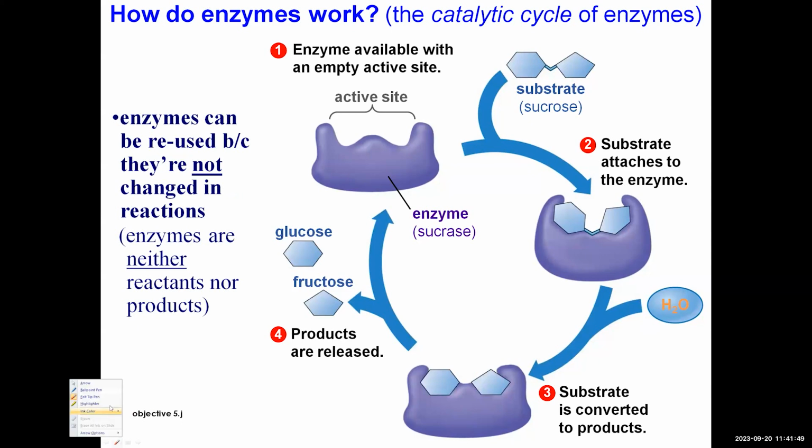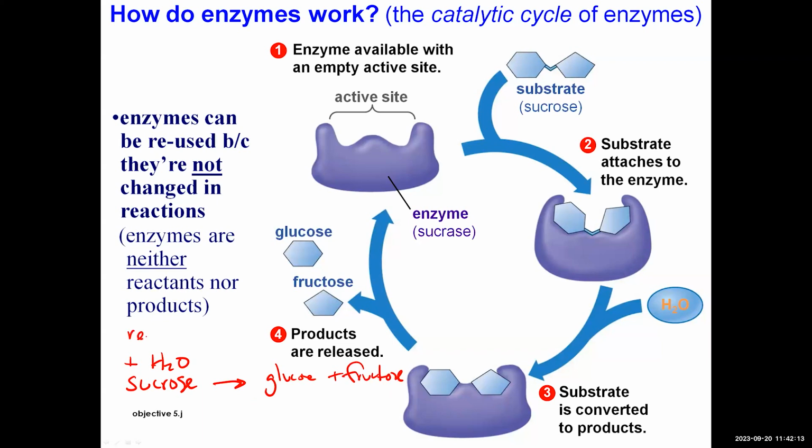If we were to draw this reaction, we would say sucrose has been converted with water to glucose and fructose. Water and sucrose are our reactants, and glucose and fructose are our products.